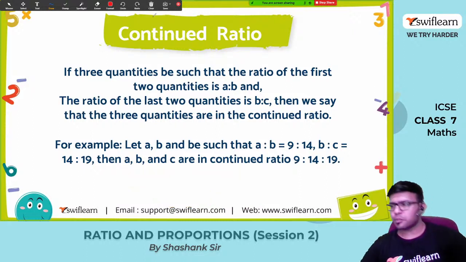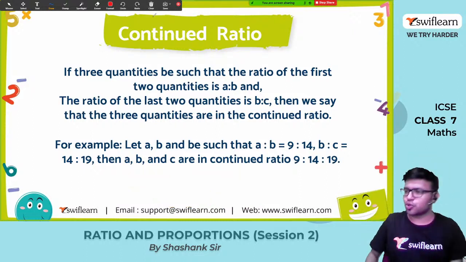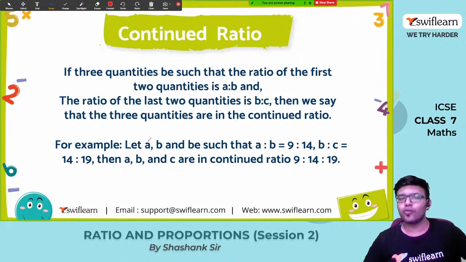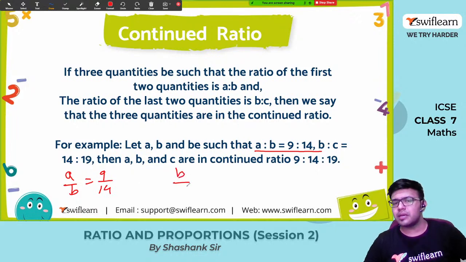For example, I'm going to ask everyone a question now. Those who are seeing this live, I have a question for you all. For example, let A, B, C be such that A and B are in the ratio 9:14. A by B is 9 by 14, guys. And B by C is 14 by 19.